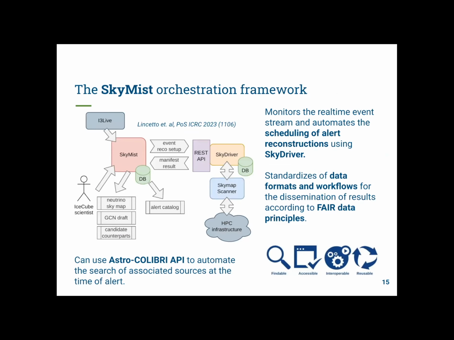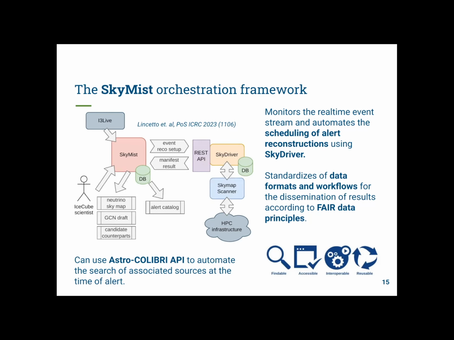All this new system is orchestrated with the SkyMist framework, which is a Python framework that interfaces with all the modules we have now, and basically processes the real-time events and automatically schedules the reconstructions using the SkyDriver event management system.